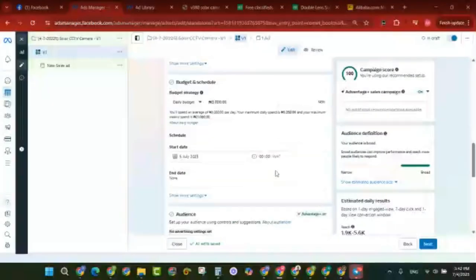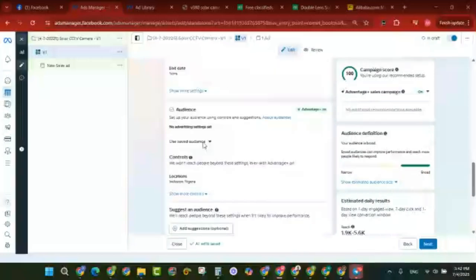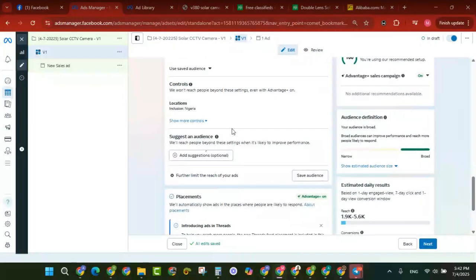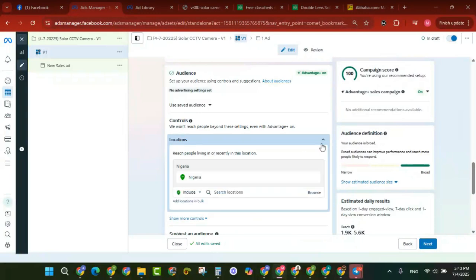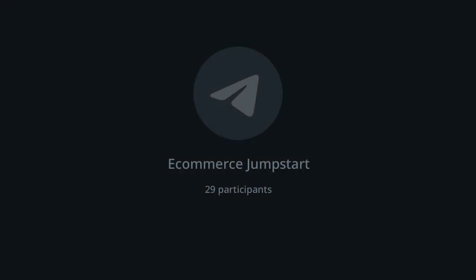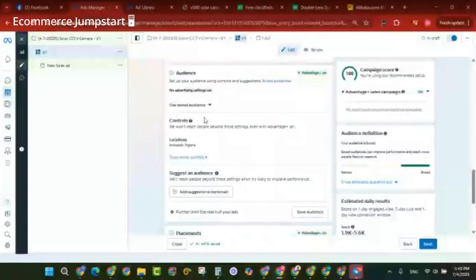So the next one is the audience. If you are running an e-commerce ad, we target the whole Nigeria. Because before, there was one button here that is very important for us, but Facebook removed it.